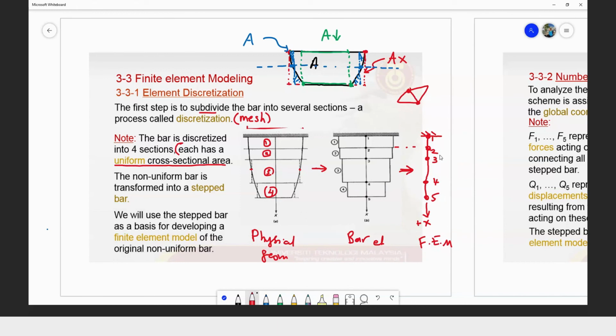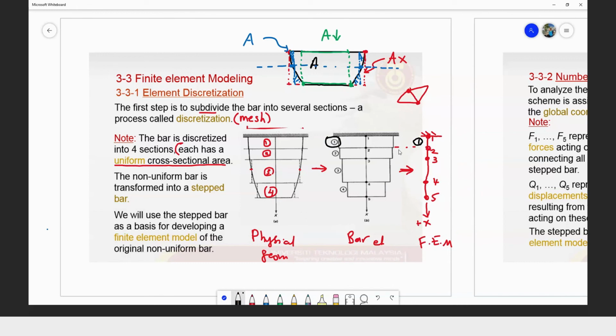Kalau macam gini kita dah faham. Okay, we are working with bar. So this is the element, this is our structure which is represented by finite element model. Tapi kita tak tulis lagi ni. This is how we try to differentiate between the point dengan element. So di antara node 1 dengan node 2 ni kita ada satu line ni kan.